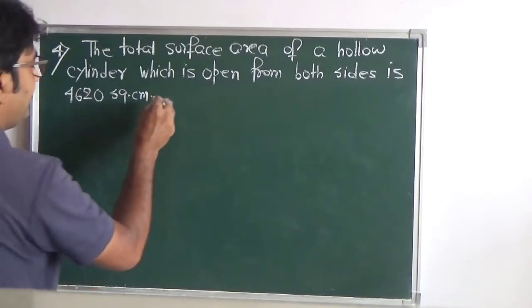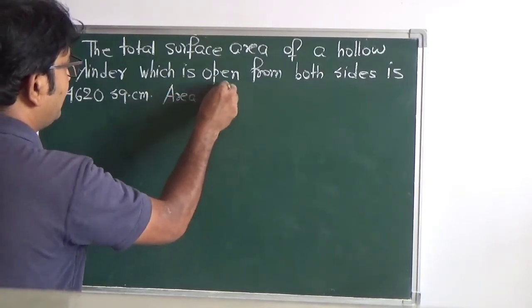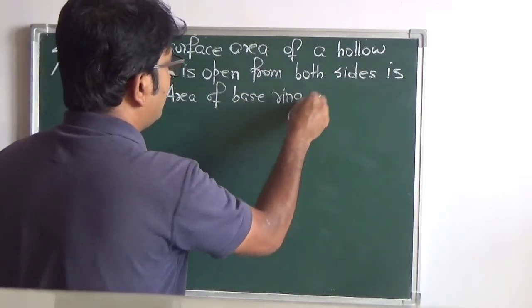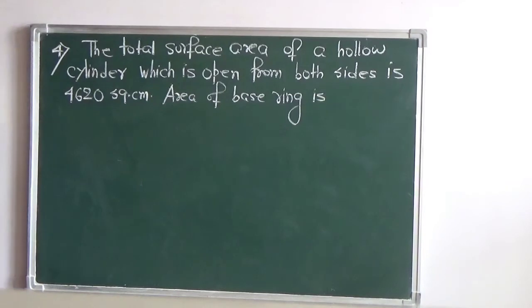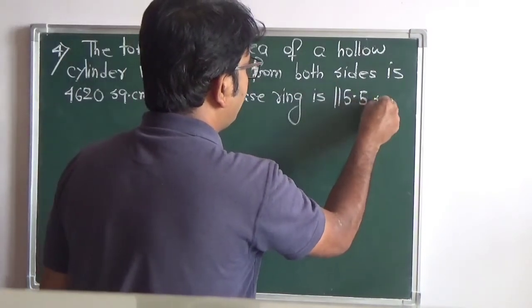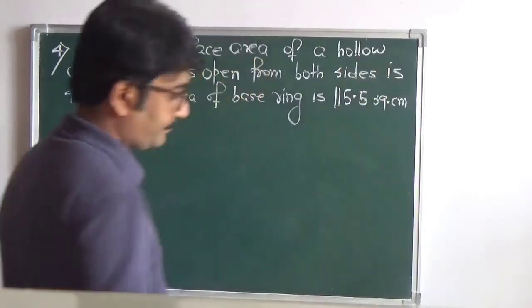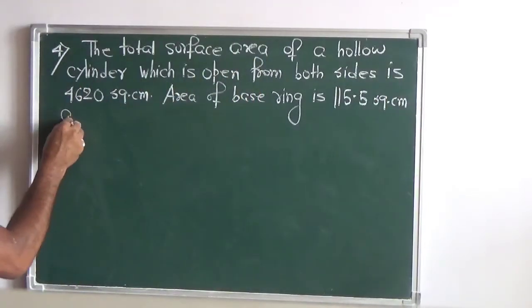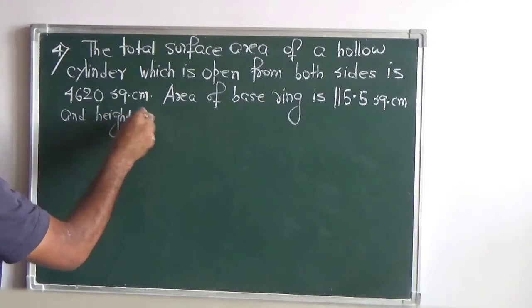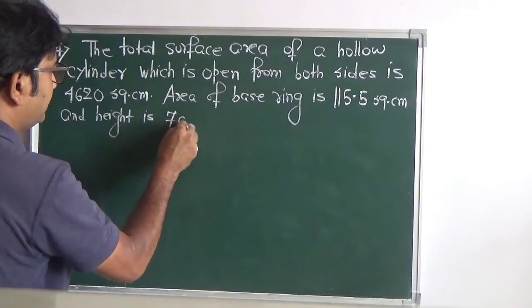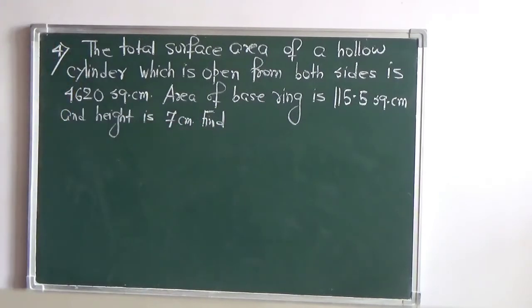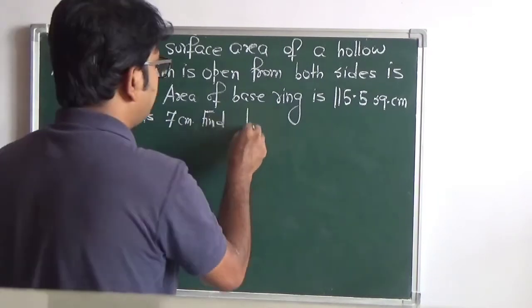Area of base ring is 115.5 square centimeters, and the height given is 7 centimeter. So find the thickness of the cylinder.